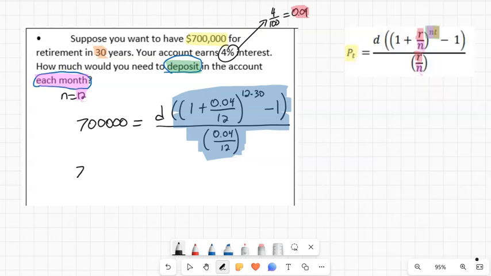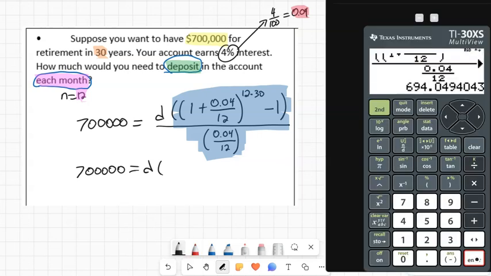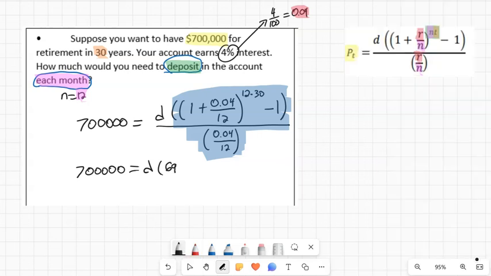So right now we basically have 700,000 equals D times, what was it, 694 point dot dot dot. I don't want to lose all that information, but I am notating it so that when I look back and review this for the test, I can calculate and see that I get that part right again.